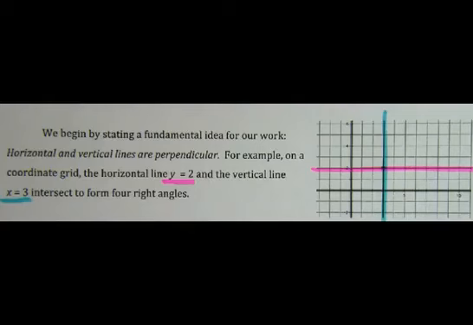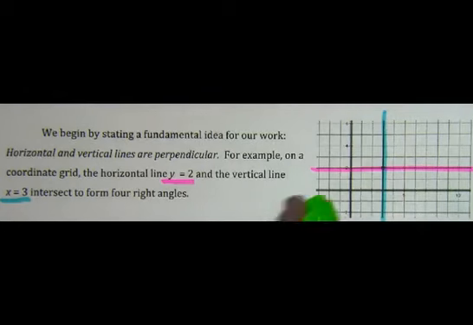Yesterday, when we reflected in Let's Get Away Lizard, we referenced the fact that horizontal and vertical lines are perpendicular. In our first example, we have the horizontal line y equals 2 and the vertical line x equals 3.